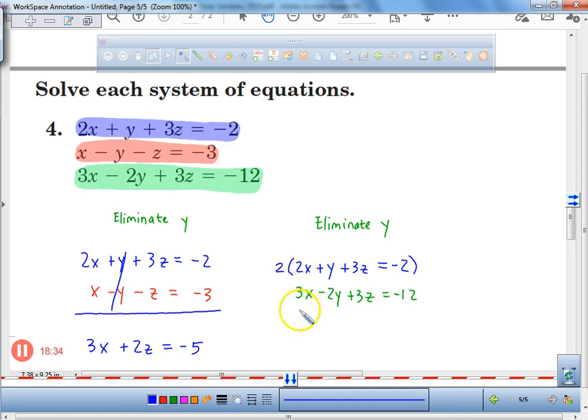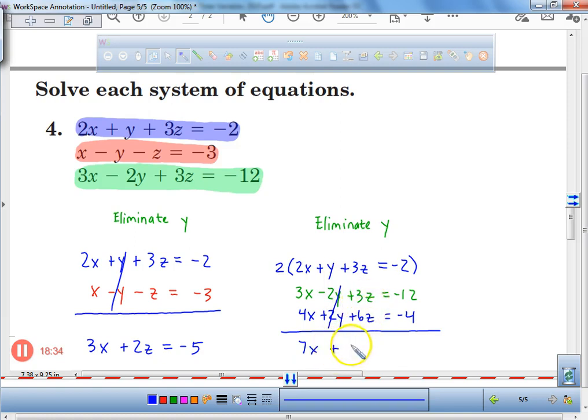Because 2 times 2 is 4. 2 times y becomes a positive 2y. 2 times 3 is 6. 2 times -2 is -4. Now look what happens, everybody. When I add these together, you're like, why did you multiply by 2? Because I had to multiply it by 2 to get to a positive 2y, so that these would finally cancel out.